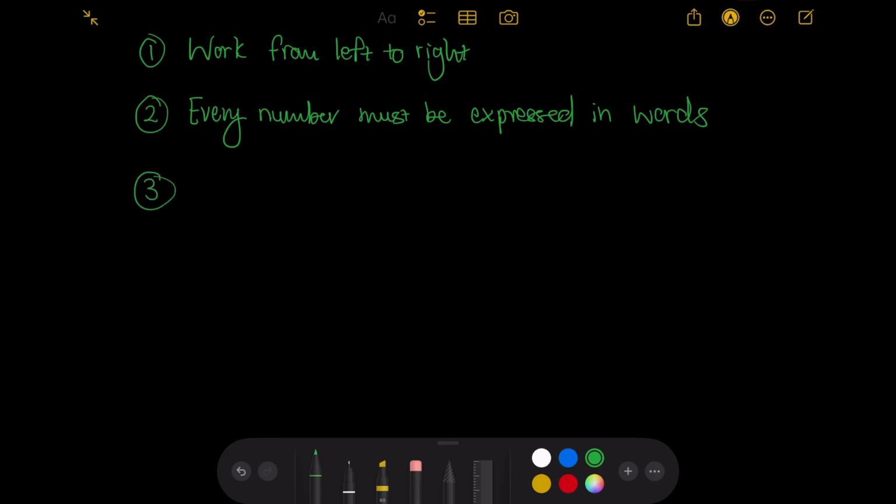Then thirdly, if ever you find yourself with numbers ranging from 21 to 99, you always have to hyphenate these numbers. So what does it really mean?